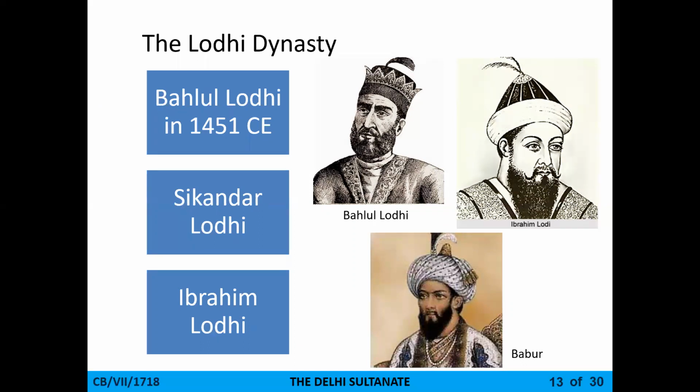After the death of Sikandar Lodi, his eldest son Ibrahim Lodi ascended the throne. He was killed by Babur in the first battle of Panipat in 1526 CE. Here, the Delhi Sultanate collapsed with the foundation of Mughal rule in India by Babur.